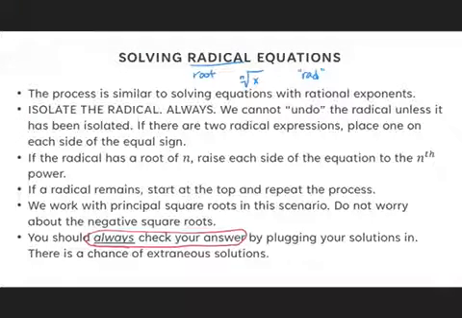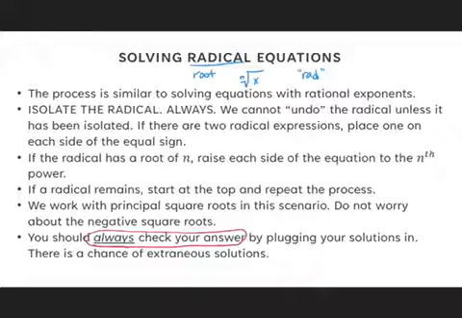When we are working with radicals, what happens is that we are going to square things, or we're going to raise things to even powers. And when we do that, what we are accidentally doing is we're introducing a solution that might not exist.